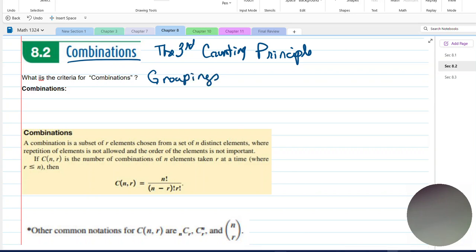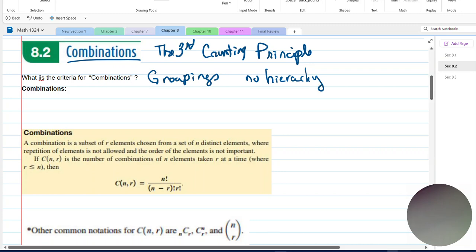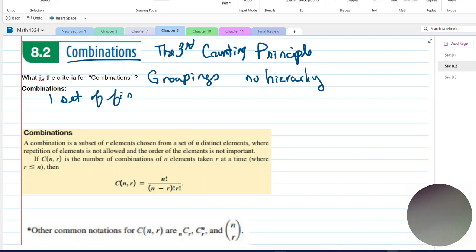So it is like a team or committee, or all of those cases are what we imply by groupings, where there is no hierarchy. All right, so a combination is one set of finite elements, just like the other permutations.